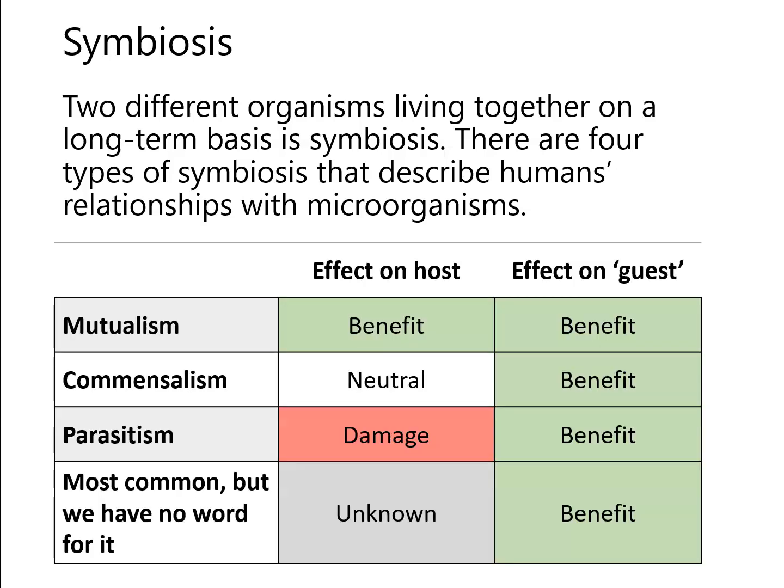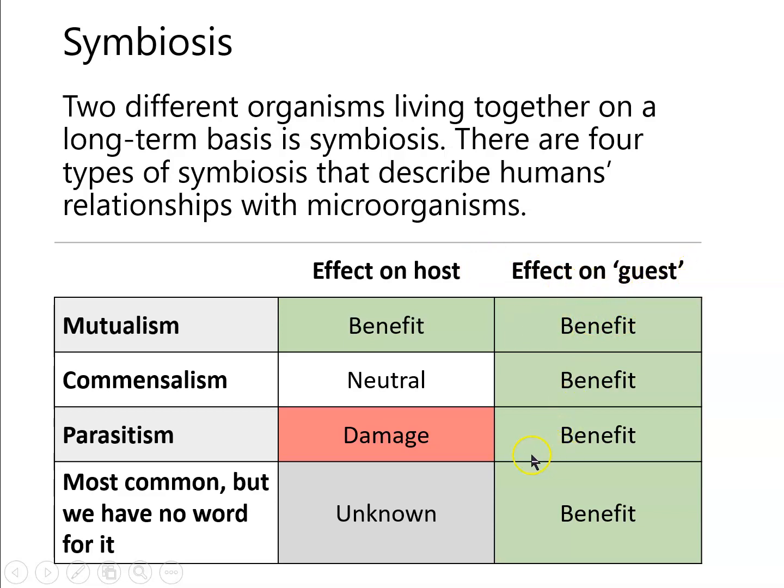For example, mutualism, that's when the host and the guest, the host is us and the guest is the microorganism, both benefit. We could see this with some of the lactic acid bacteria that live on us and in us that help protect us from other bacteria. The benefit we get from them is the protection.